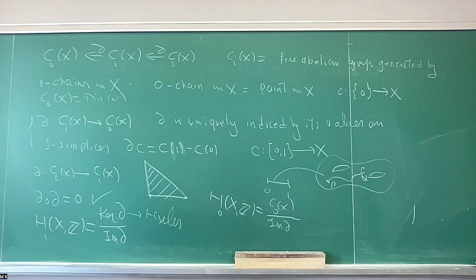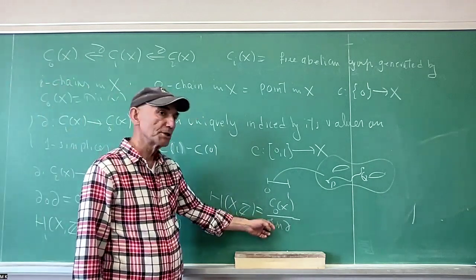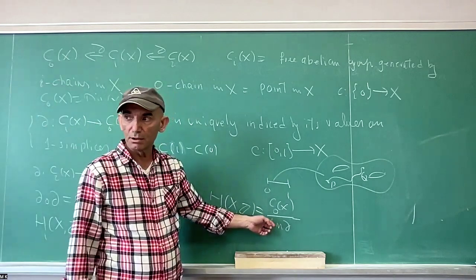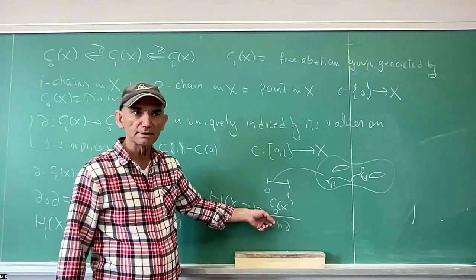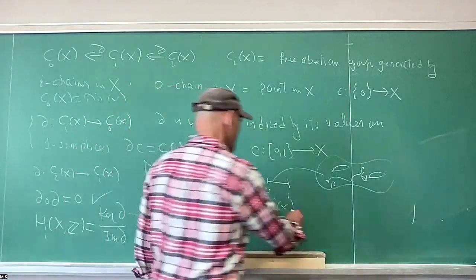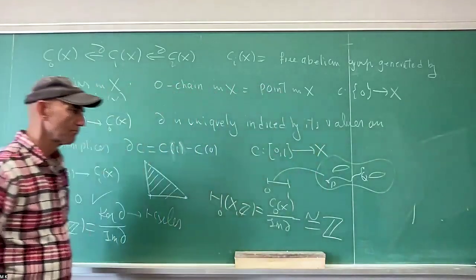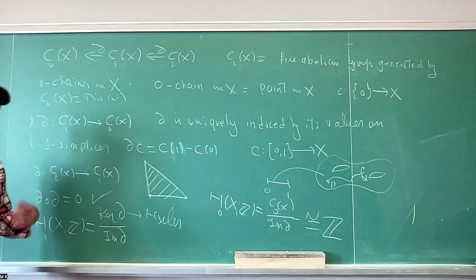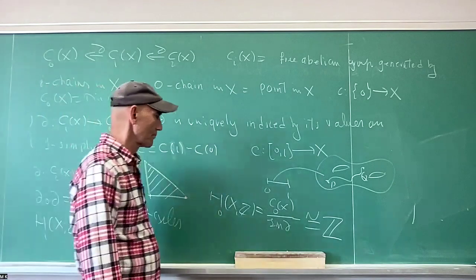It's just the path components. Exactly, it's the space of path components. And this goes into the kernel of the augmentation map. That's straightforward to prove actually. So this is isomorphic to Z. It is the free abelian group on connected components, so in this case, Z.